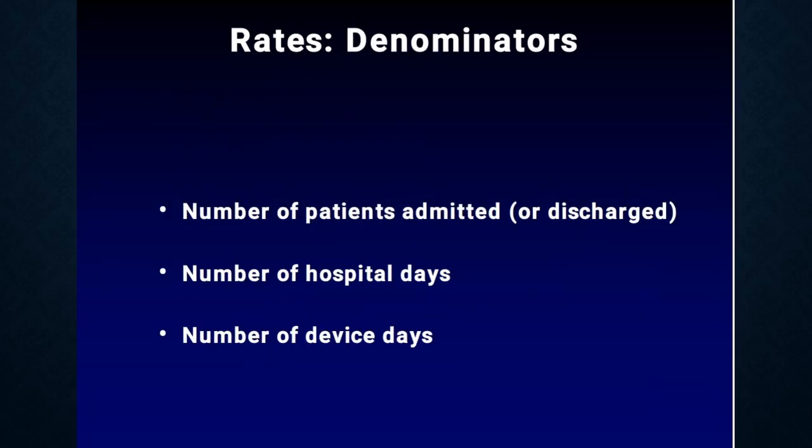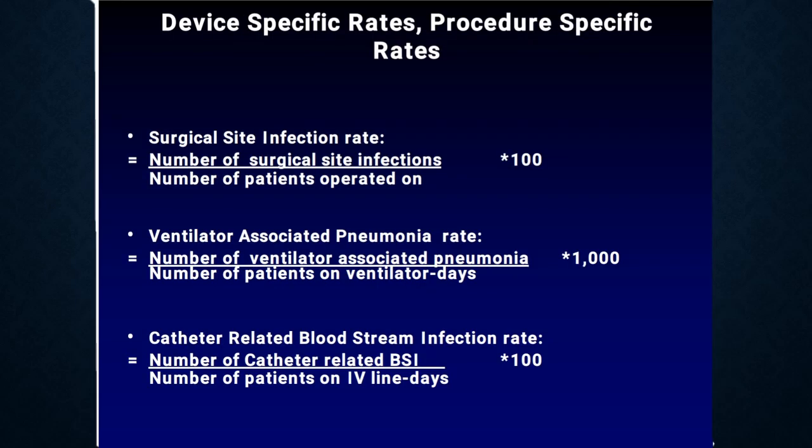The denominator can be the number of patients admitted, or the number of patients discharged, or the number of hospital days the patient spent in the hospital, and the number of device days, for example, on a ventilator. Device-specific rates can be calculated.